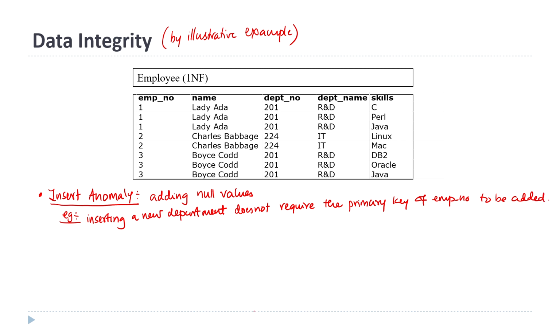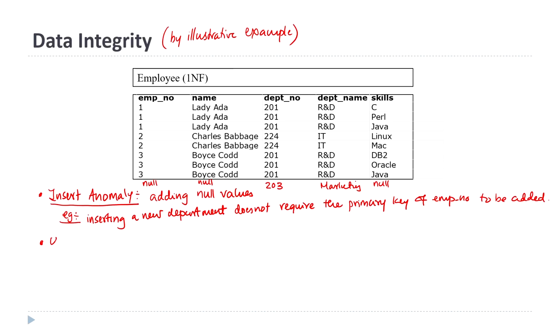I am creating a new department called 203 and it is called marketing. If I add 203 marketing right here, then this value will be null, and this could also be null. So, this is called an insert anomaly, because by just adding a new department, I will have to put null values for the remaining fields, because having employee information is not really mandatory as part of this. Now, that is the first one.